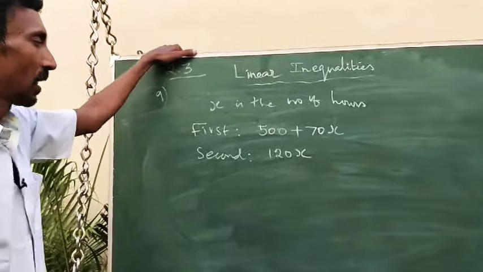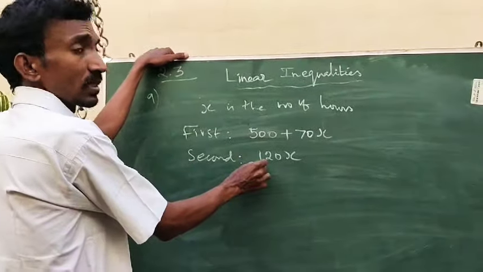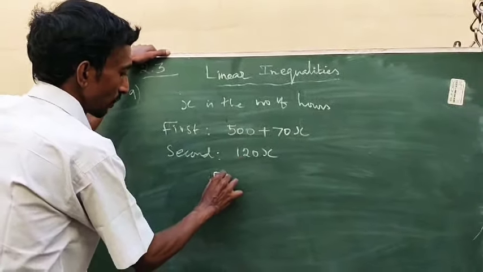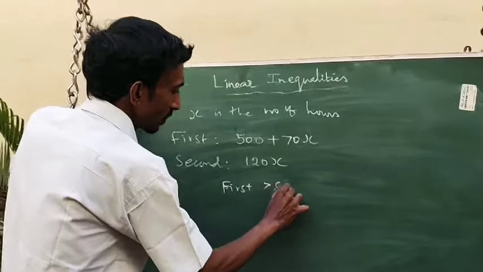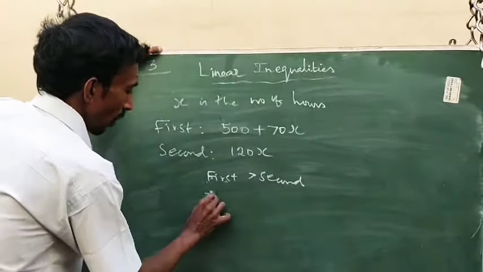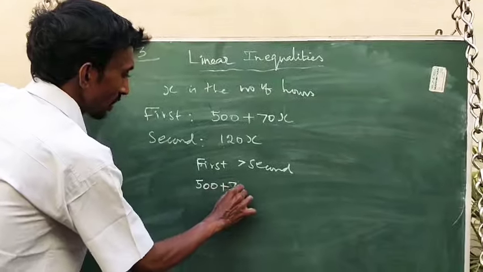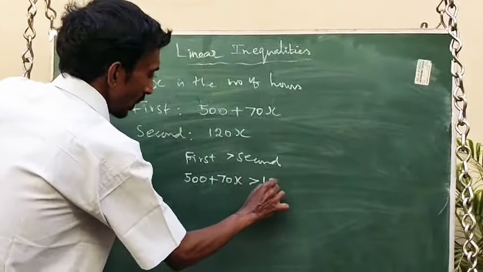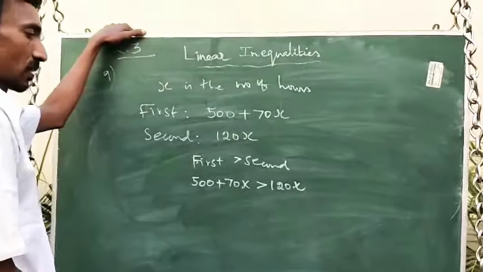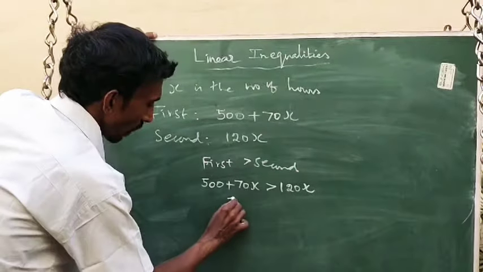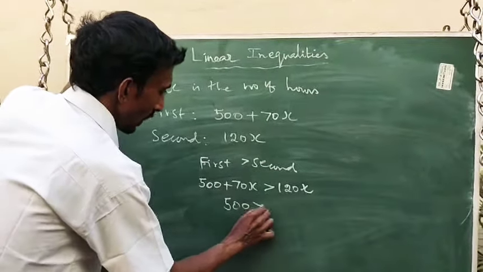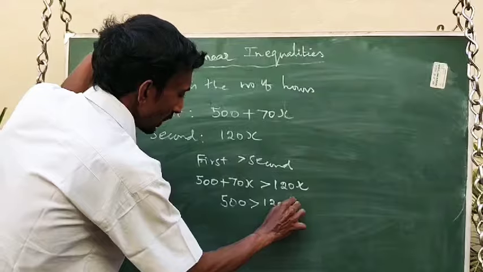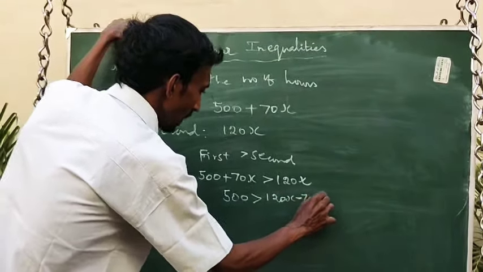Given that the first scheme is greater than second, so 500 plus 70x greater than 120x.